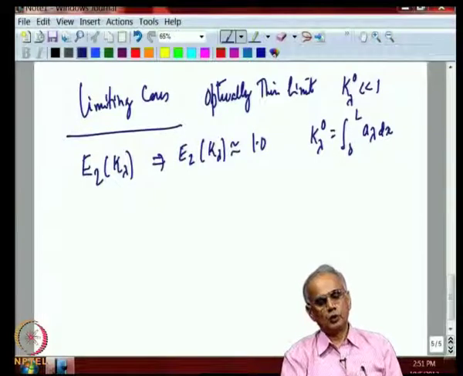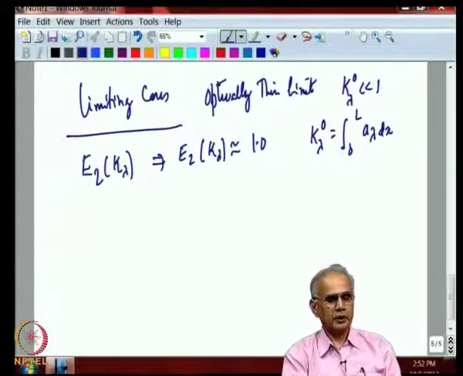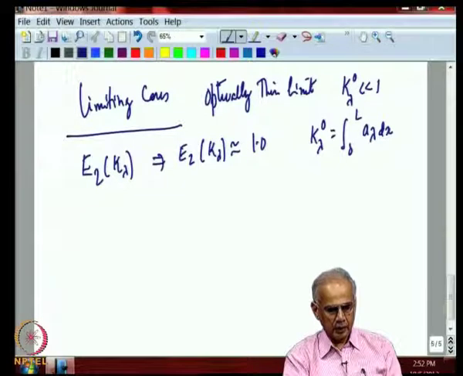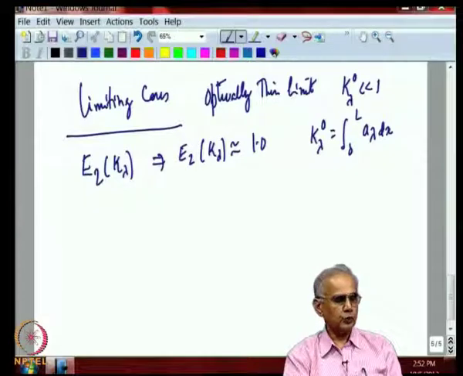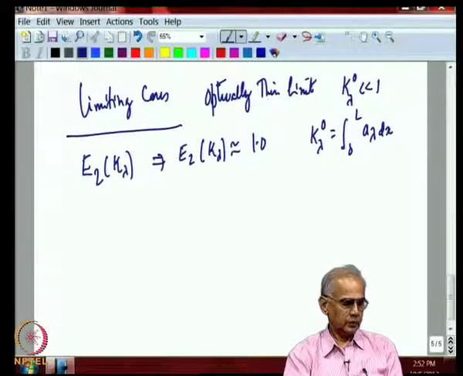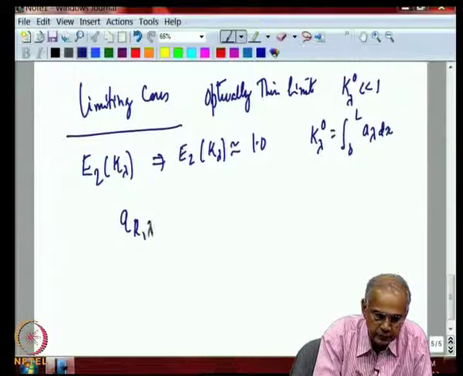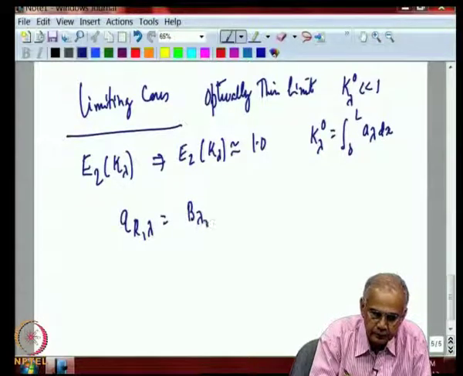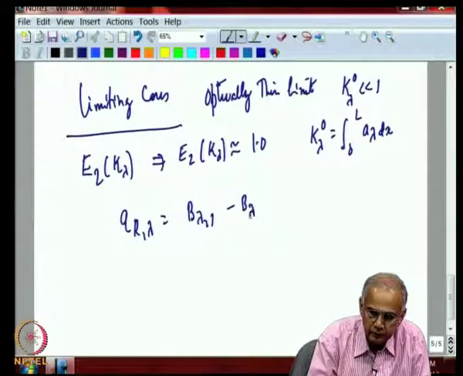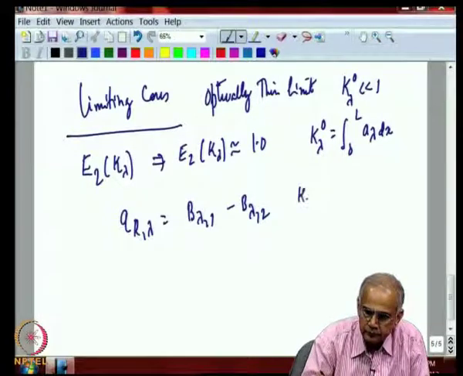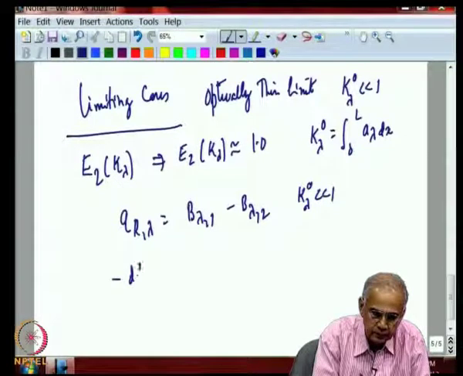So, in this situation, in most places in the enclosure, you can assume E2 is equal to 1. And if you do all that, you can show that QR lambda becomes the following expressions.